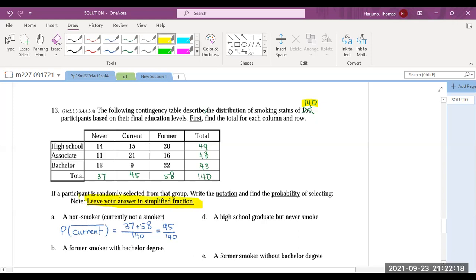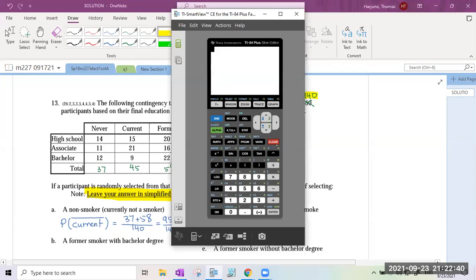So simplify your fraction. I will teach you how to do it if you happen to have a TI-83 or 84. Other calculators may also have that, but you find out yourself. Like if you have a TI-30 or TI-36, they have it. Let me show you how to convert this to a simplified fraction.